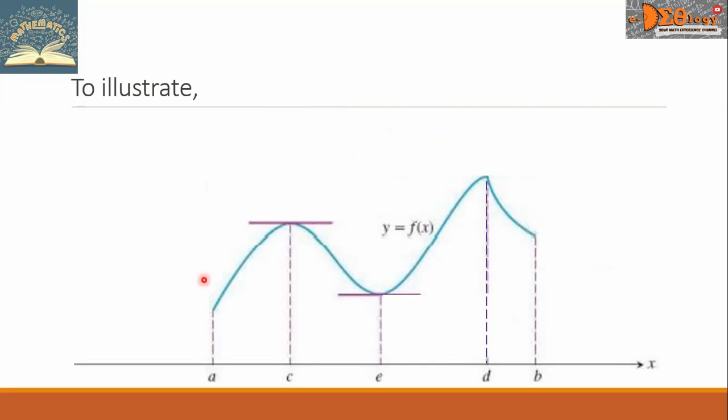To illustrate, we have our graph here in blue color, and this is y equals f of x. Take note that some points of the graph are identified with some values of x, namely a, c, e, d, and b. On this graph, we say that there are two local maximum, and these are the points when x is equal to c and d.